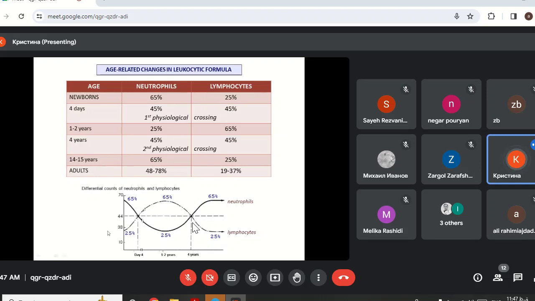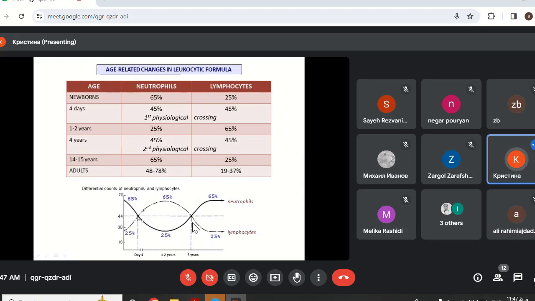So first, when the baby is born, he has a high amount of neutrophils, about 65%, and 25% of lymphocytes.